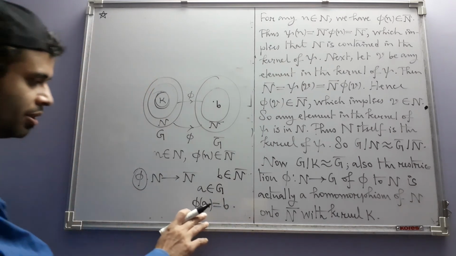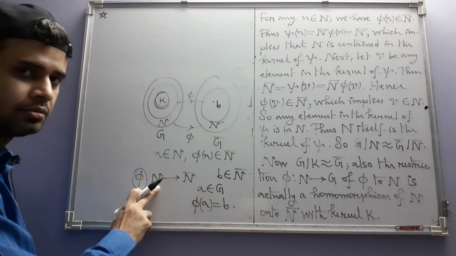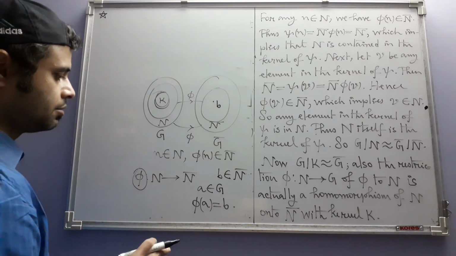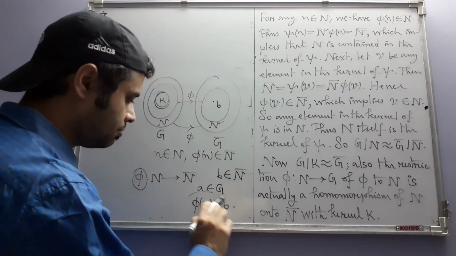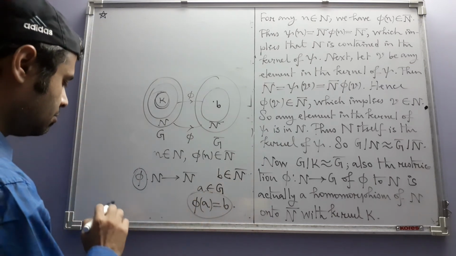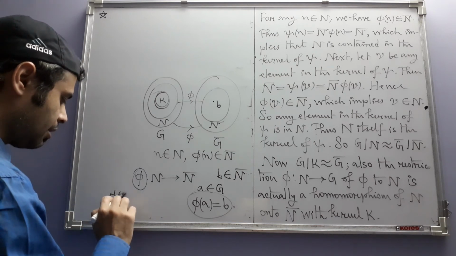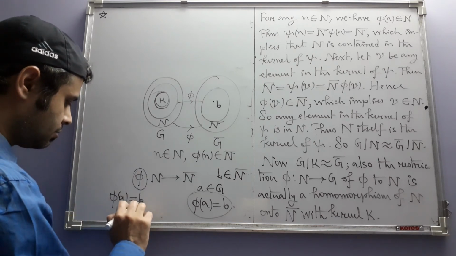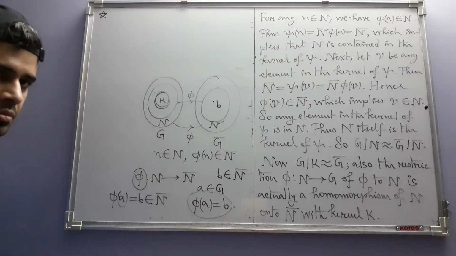Note that this immediately does not tell us that A has to be in N. We just get this from using the fact that phi is onto. But now you combine these two pieces of information: you have phi of A, an element in N bar.